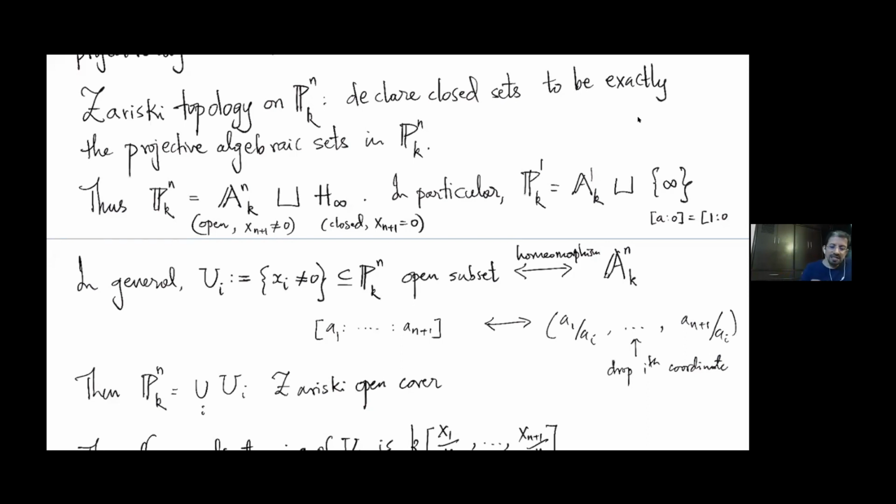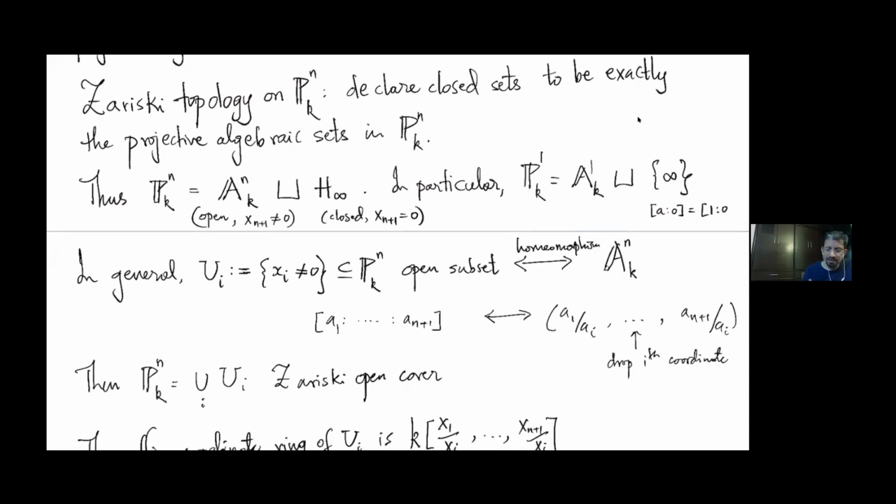And you immediately see that in particular, what we designated as the hyperplane at infinity is one such example of a closed set. And so the complement, which we said is in bijection with A^n K, is in fact an open set. And so we get a decomposition of P^n K as an open set, A^n K, disjoint union this closed set, the hyperplane at infinity.